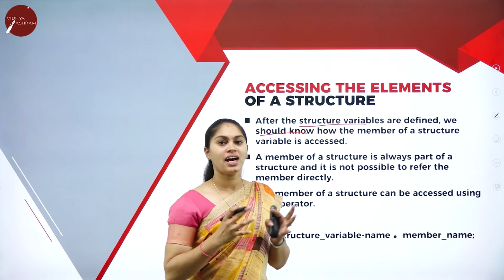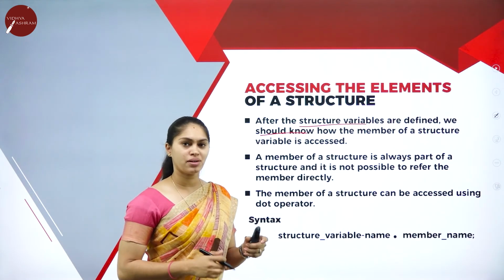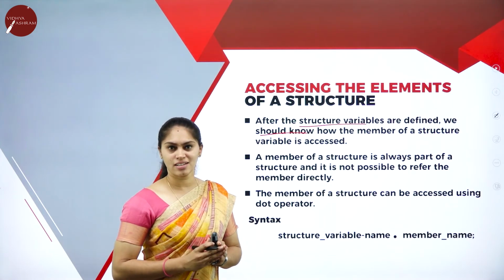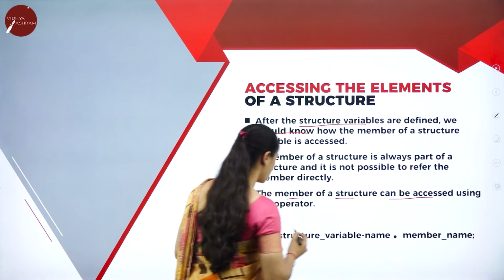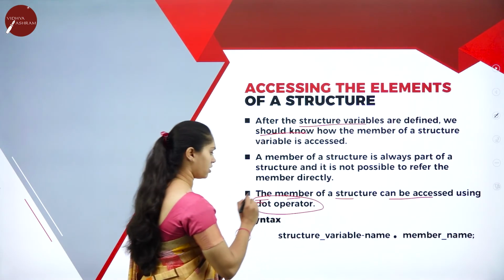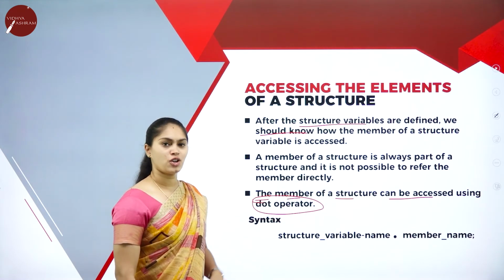So we have to access the data members of a structure only with the help of variables along with a dot operator. Important topic: the members of a structure can be accessed using the dot operator.